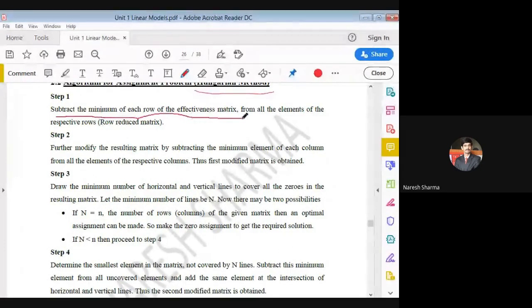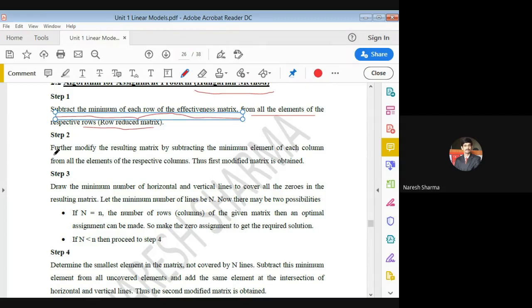That means you identify the minimum element of each row and subtract it from all elements of the respective row. We take the minimum element of the first row and subtract it from the first row, the minimum element of the second row and subtract it from the second row, similarly for the third.